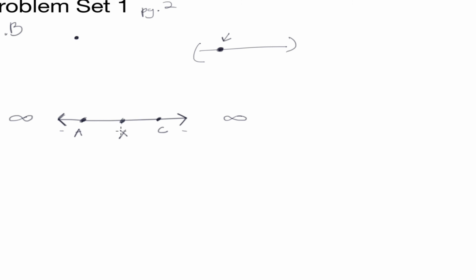Now, you have simply these points graphed here in our example on page 2. Point A, point X, point C. Now, you can name any portion of this line that passes through any of these points. And you would name it like this. Okay, this is line AX.